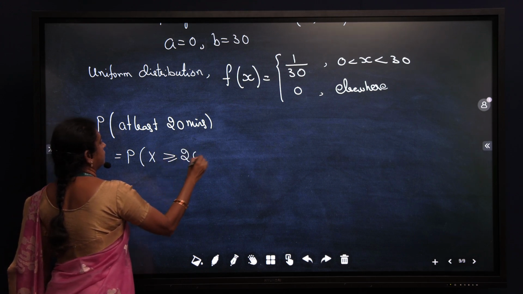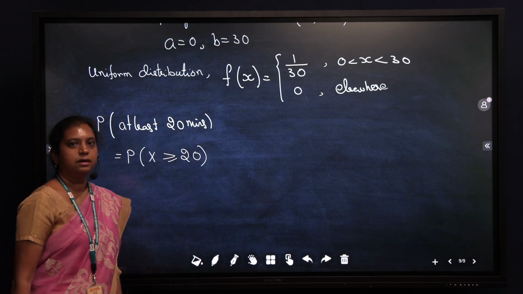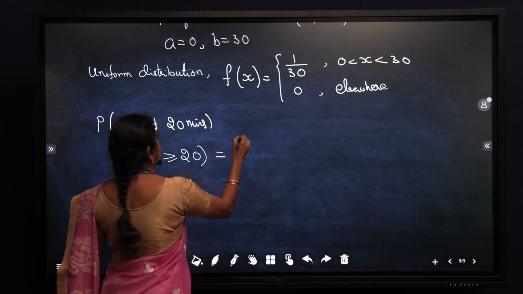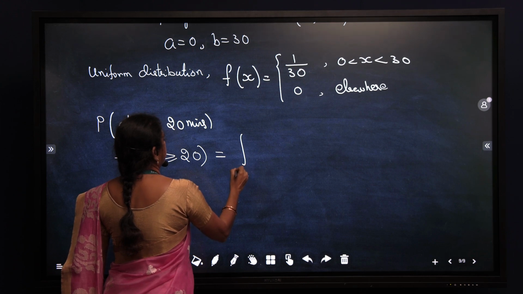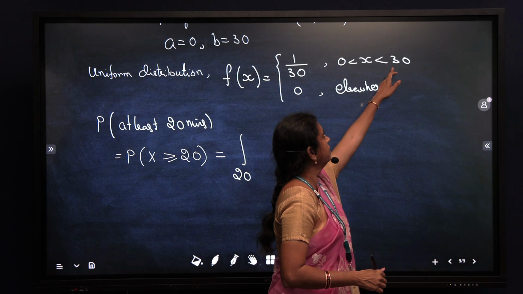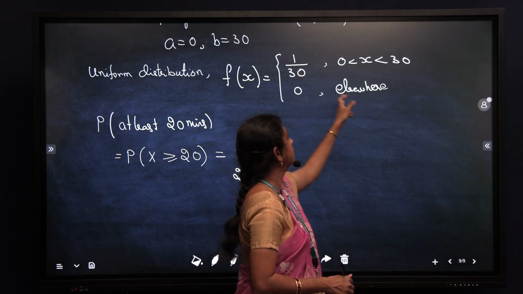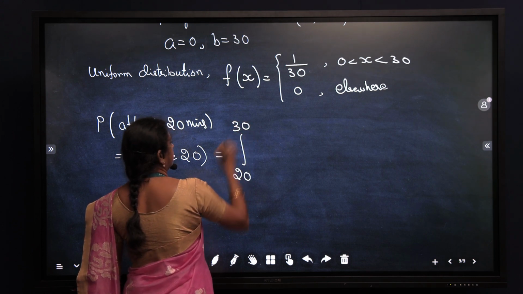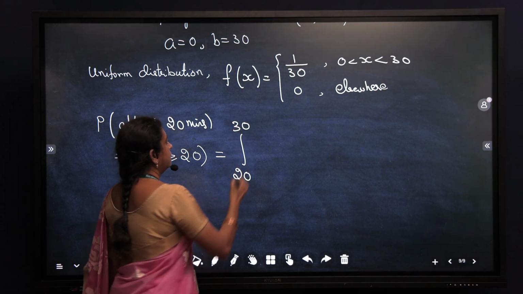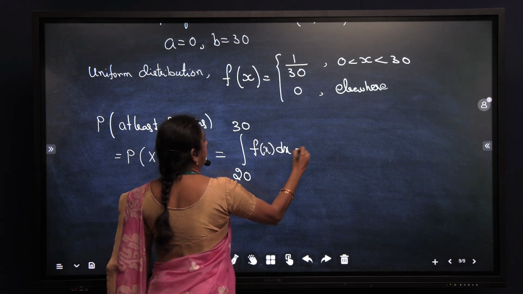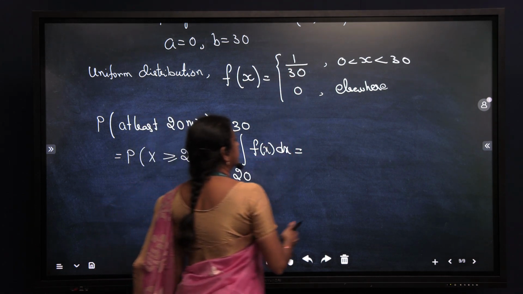That means we have to find the probability of x greater than or equal to 20. Since it is a continuous distribution, this is equal to the integral with lower limit 20, and the upper limit will be 30, where it is defined as 1 by 30, remaining will be 0. So we take the integral from 20 to 30 of f of x dx, and here f of x is 1 by 30, which is constant.